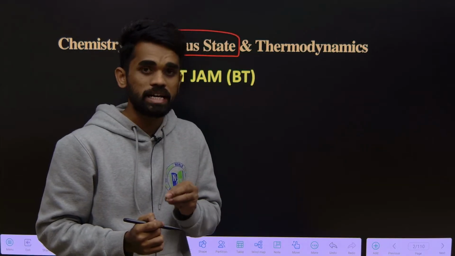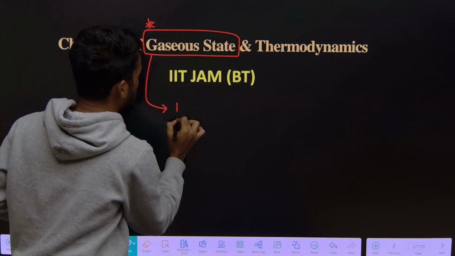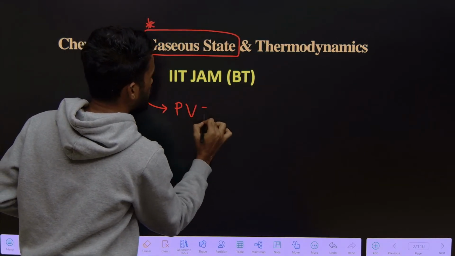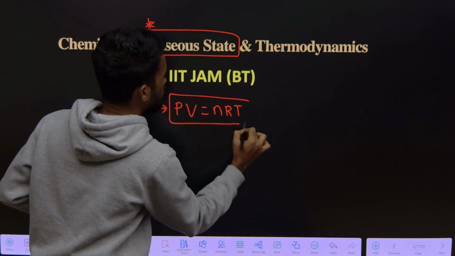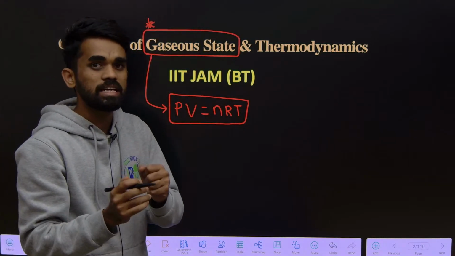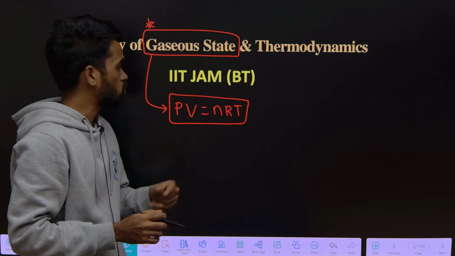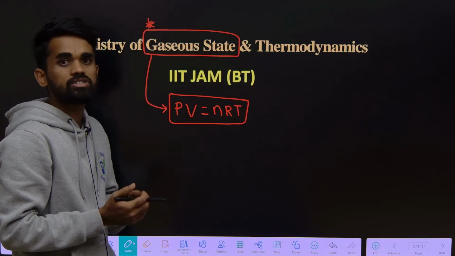All this we have studied, and along with that we have derived an equation called the ideal gas equation, which is PV equals nRT. Those gases which obey this ideal gas equation can be considered ideal gases. So this is a combination of what? Boyle's law, Charles' law, Avogadro's law, and Gay-Lussac's law.